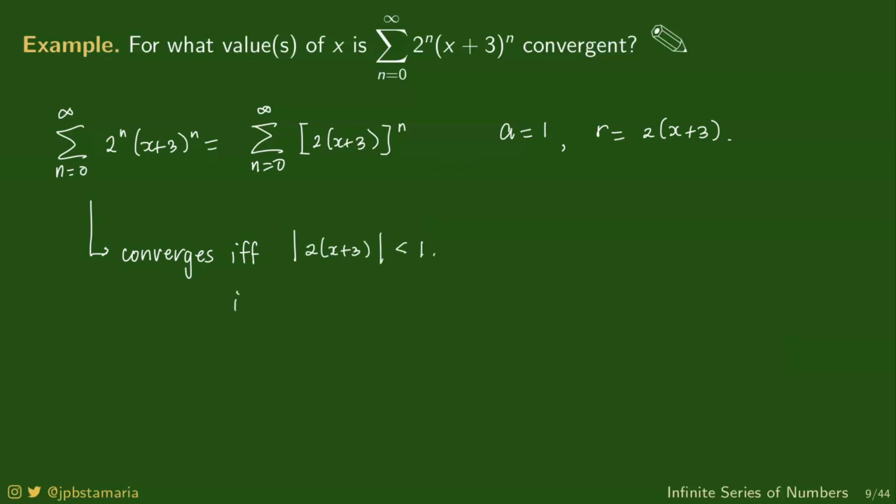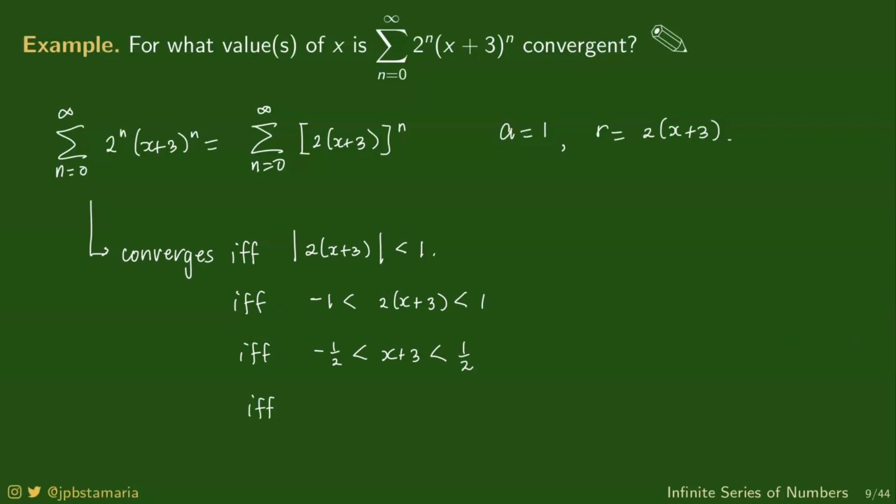So all you have to do is to find out kung anong values ng x ang makakasatisfy dyan. But to say that that has an absolute value less than 1, meaning nasa gitna siya ng negative 1 at 1. Solve natin yung x. Negative 1 half, x plus 3, 1 half, subtract ka ng 3.